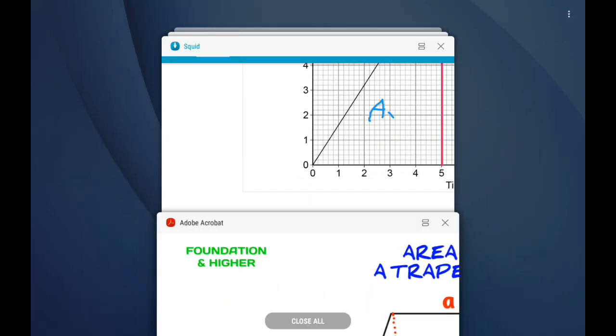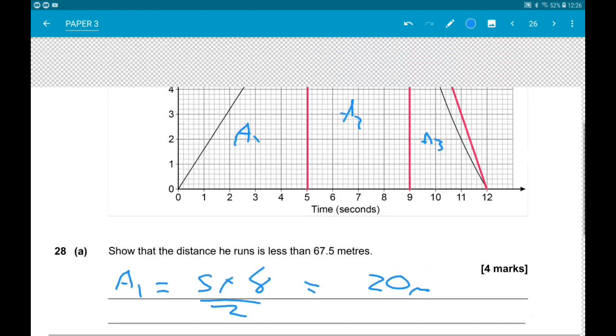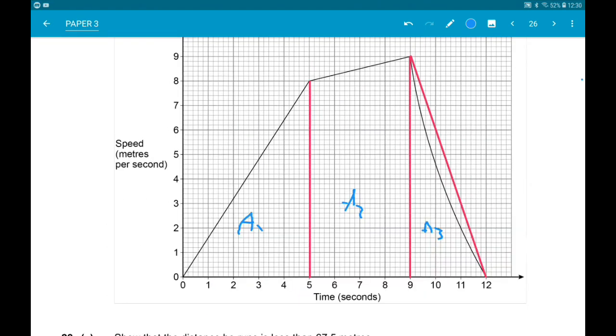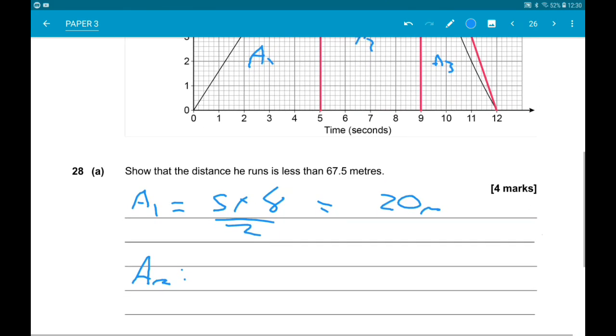Our trapezium here is on its side, so its height is 4, and then the other two lengths are 8 and 9. So the area is 4 times 17 over 2, which is 34 meters.